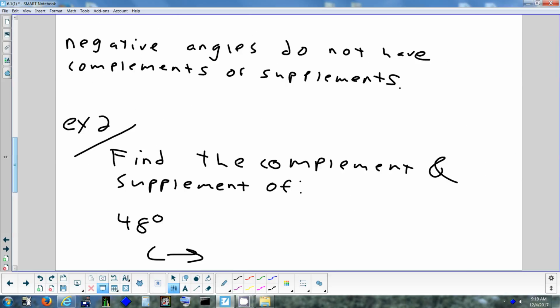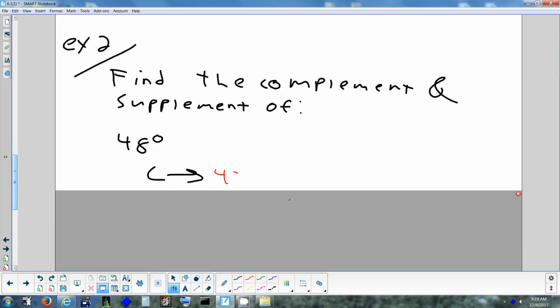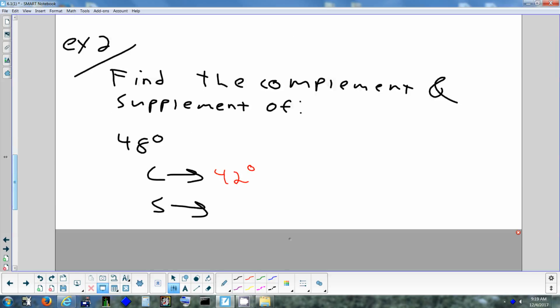Yeah, 42. Because if you add 48 and 42, you get 90. How about the supplement? What would be the supplement of 48 degrees, Sean? 132. 132, yeah.